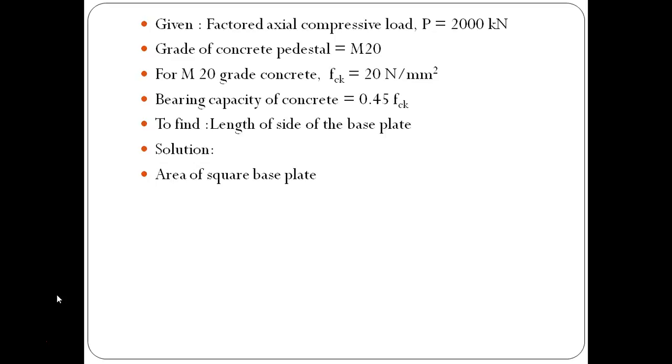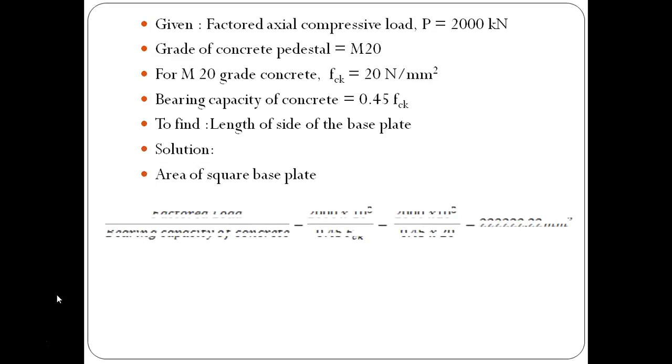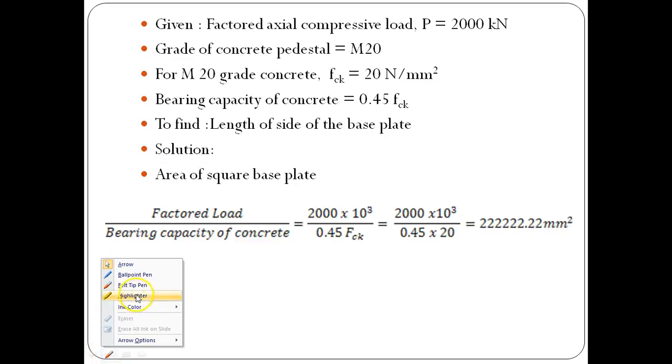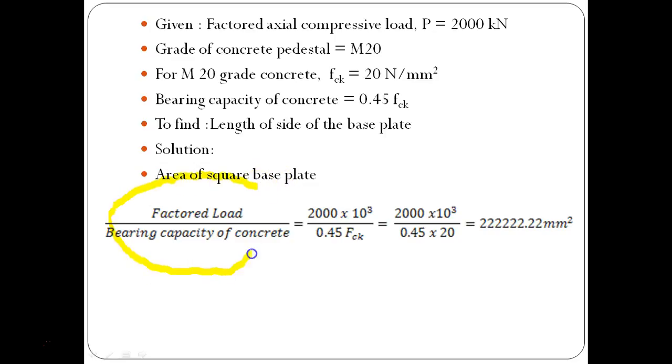If we go through the solution, the area of the square base plate equals the factored load divided by the bearing capacity of the concrete. So here the basic formula is the same: area equals load divided by stress.